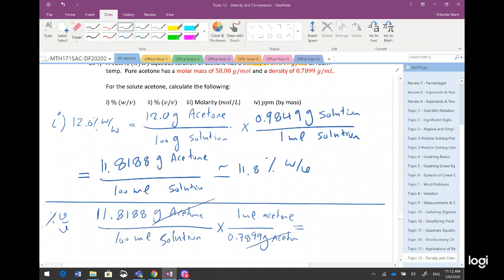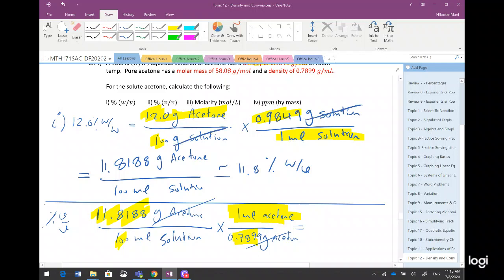What is left? This one, this one, this one and this one are left. What is cancelled here? Just this and that.